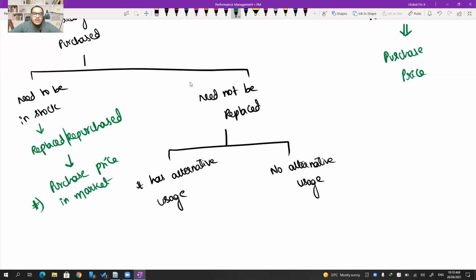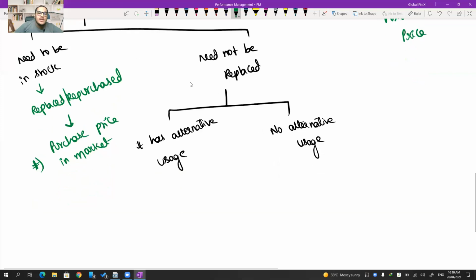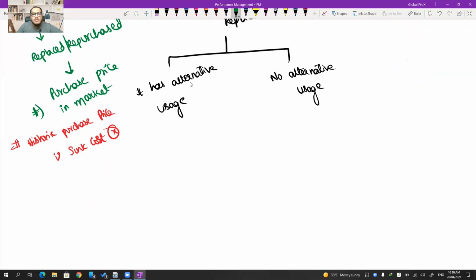Whatever date you are using it, on that date, whatever the market price is, that will be the relevant cost, because you have to replace at current market prices, not historic market prices. Please be very careful. Historic purchase price is sunk cost. That shall not be considered a relevant cost. Current market price only will be considered.